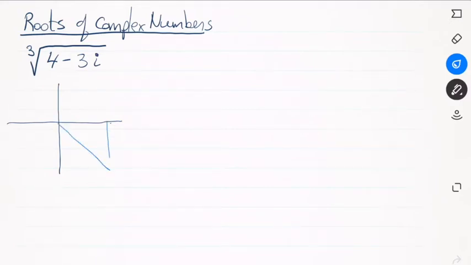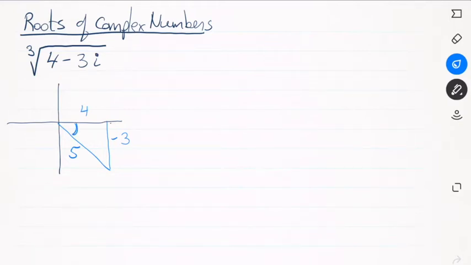And I'm using 4 and 3 again because it does create that special triangle where this side is just 5. It's not always going to be a nice number, but in this case I just wanted to keep that number simple because the modulus isn't the difficult part. It's that argument that we're going to have to mess around with a lot on this one. So again, we're going to have to find the angle.